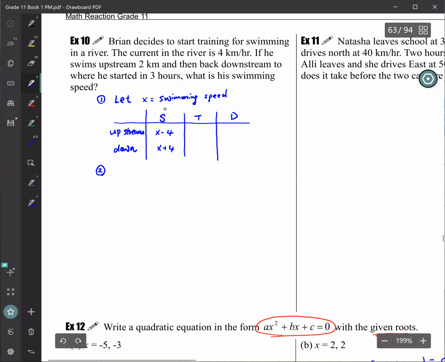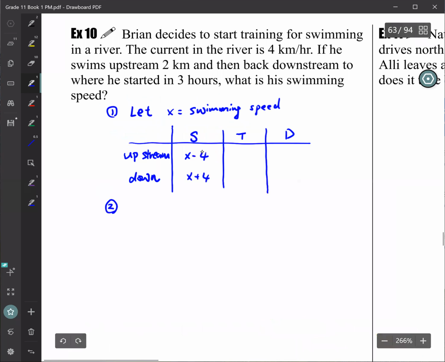How about Ivy? Did you complete the table yet? Nope. Do you have the same speed? Yes. Okay. What other ones have you filled in yet? Distance.